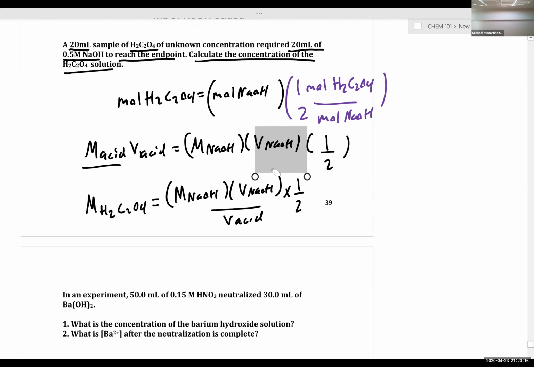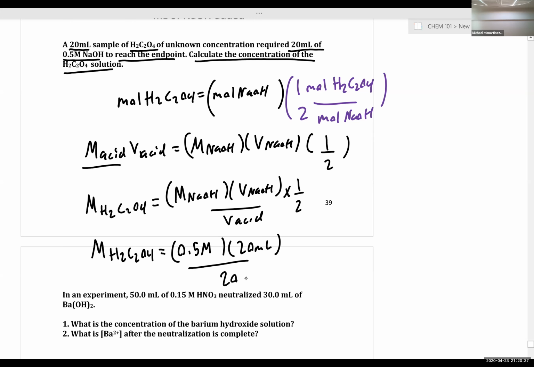Now all we have to do is substitute, and we get the molarity of oxalic acid is equal to 0.5 molar times 20 milliliters over 20 milliliters times 1/2.